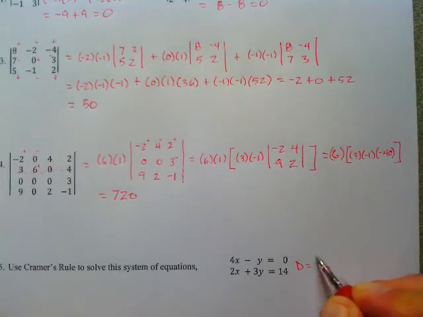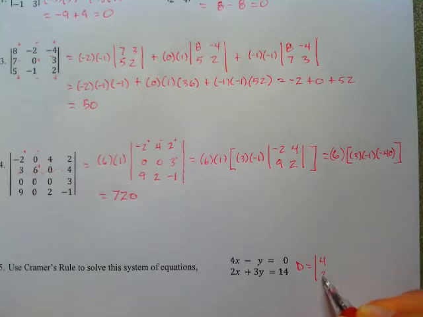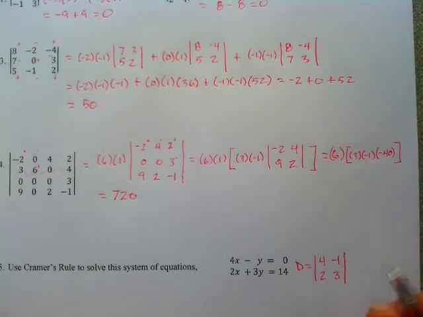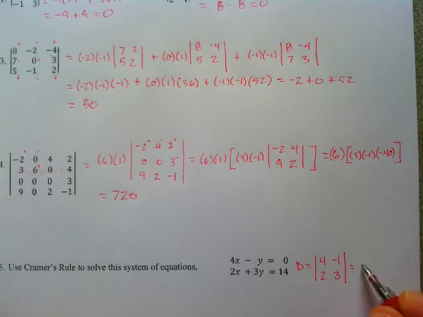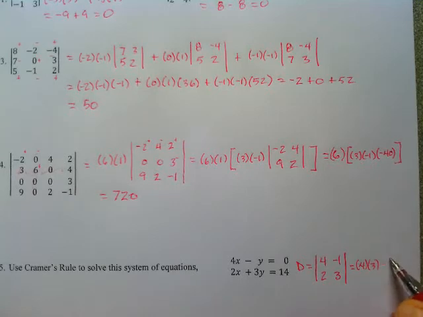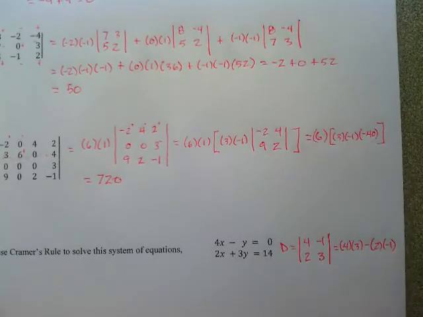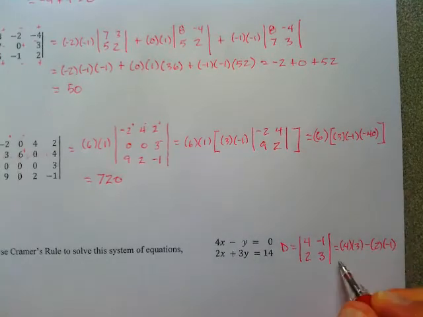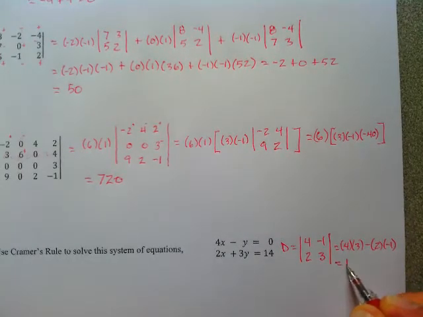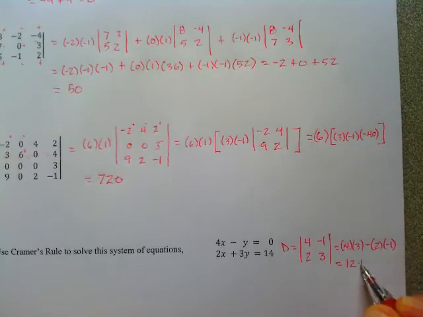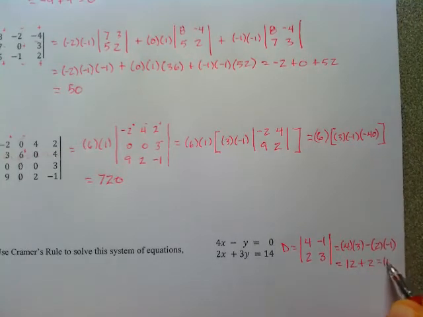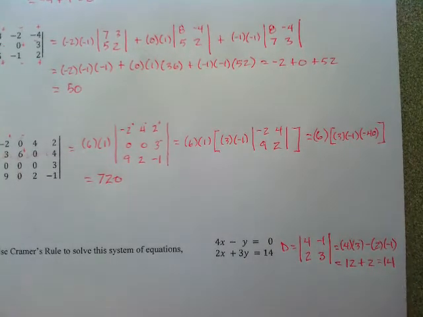So D here is going to equal 4, 2, negative 1, and 3, which will basically be 4 times 3 subtract 2 times negative 1. And that, of course, will equal 12 plus 2, which is 14. So our D is 14.